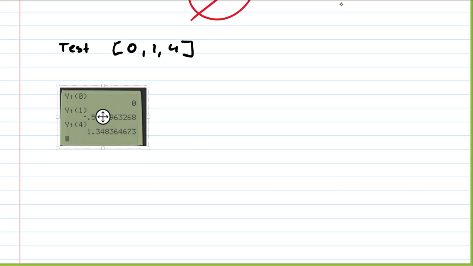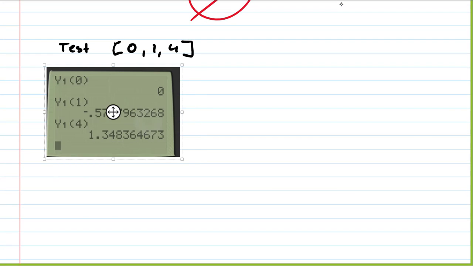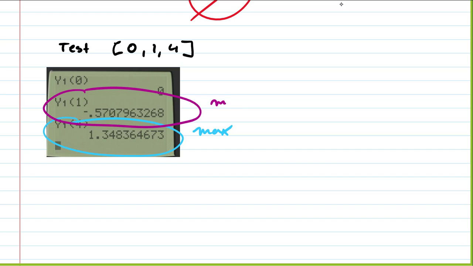So then we get the following values. And it looks like we're going to have our max at 4. And we're going to have our min at 1. All right. So that would be our absolute max and our absolute min of that function on the following set.